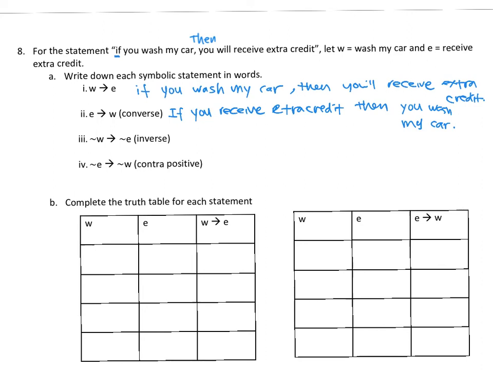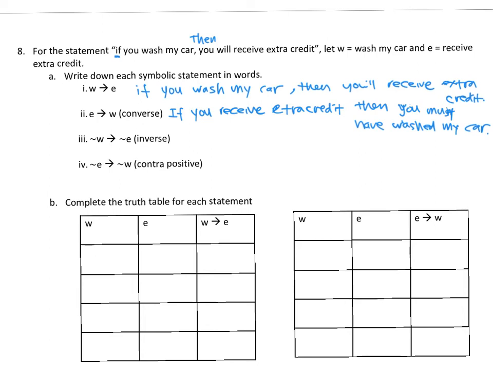So maybe I can change my answer a little bit. Then you must have washed my car, or you washed my car. Okay, so it's called the converse. The converse is basically switching the consequent and antecedent of the original statement. So the original is, if you wash my car, you receive extra credit. The converse is, if you get extra credit, then you must have washed my car.